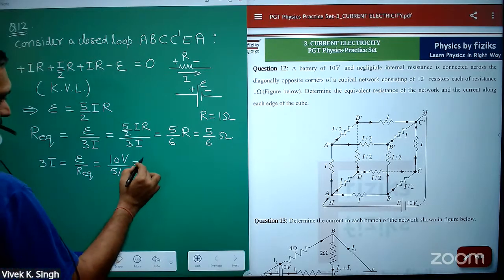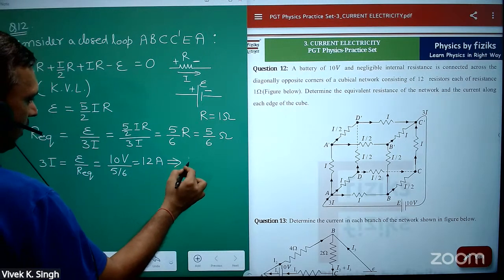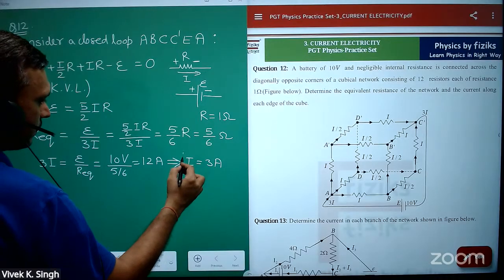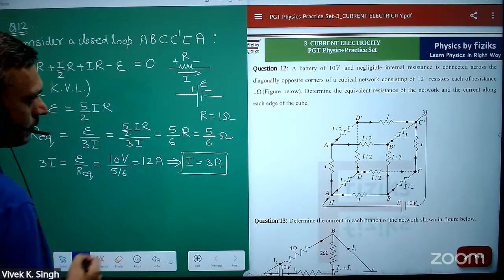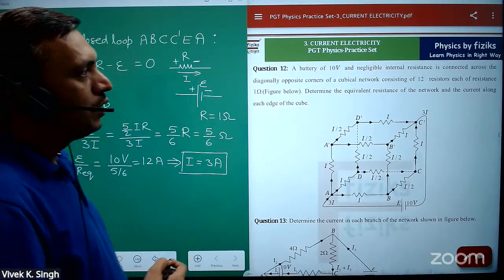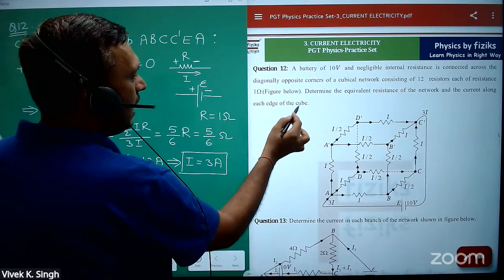This will be 12 ampere. So I will be given by 3 ampere. I is 3 ampere. So now you can see the current along each edge of the cube.